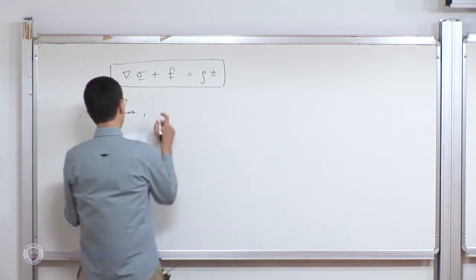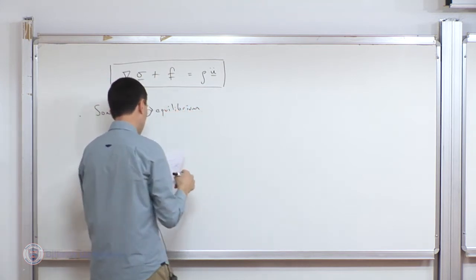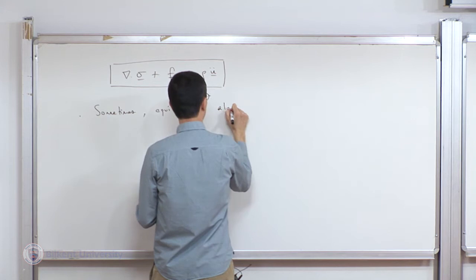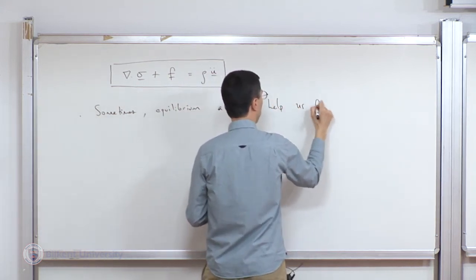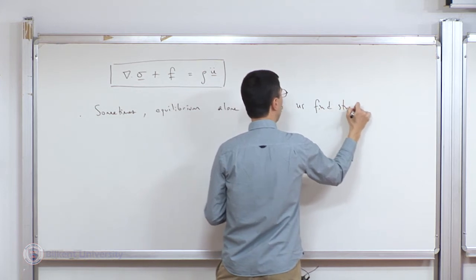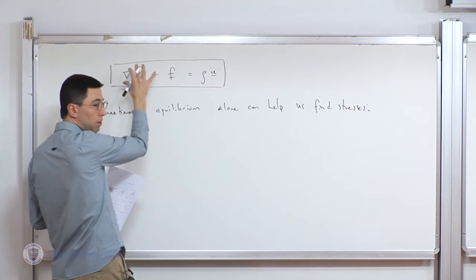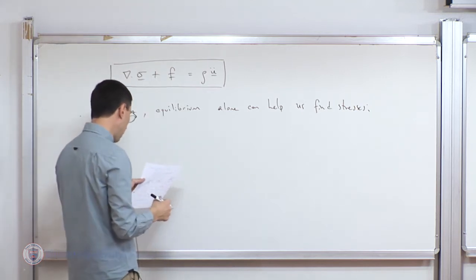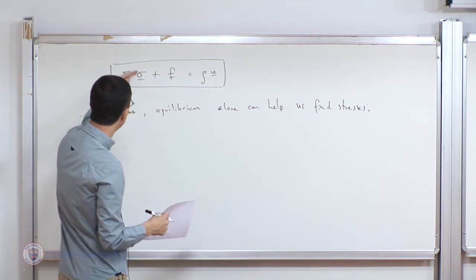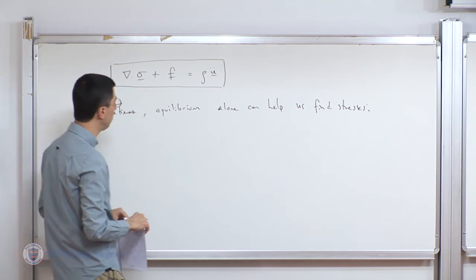So sometimes equilibrium alone can help us find stresses, right? Because components of the stress appear in the equilibrium equation on the left-hand side. So we might be able to directly integrate this, like a differential equation, and obtain the components of the stress.